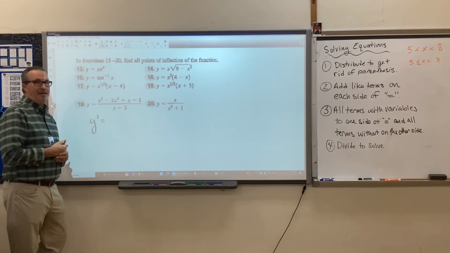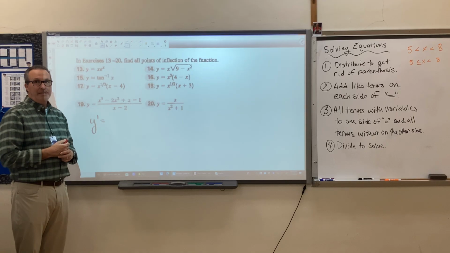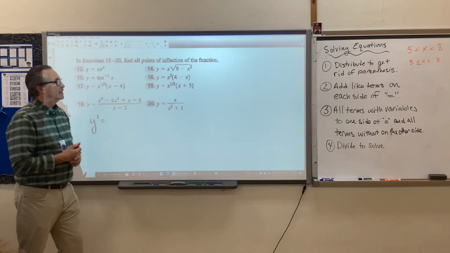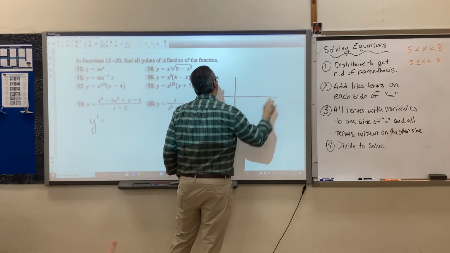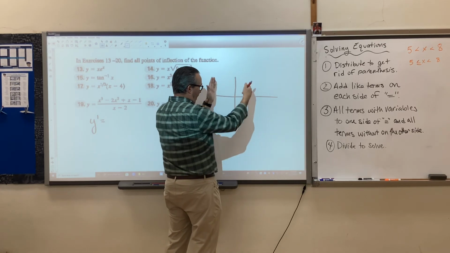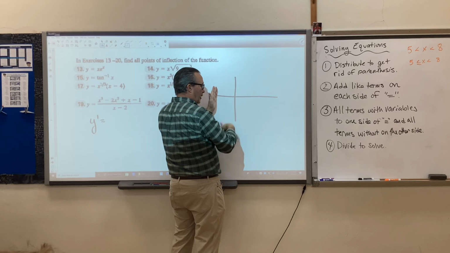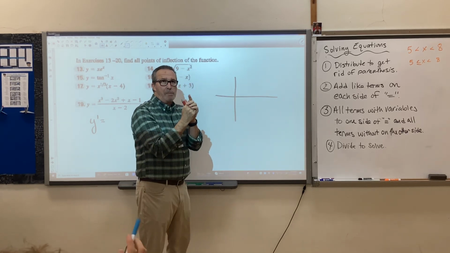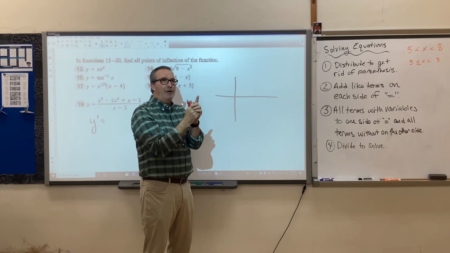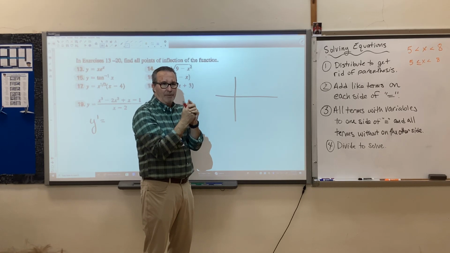Do you guys know what inverse tangent looks like when you graph it? Well, tangent is always increasing. Tangent is 0 when x is 0, when theta is 0.